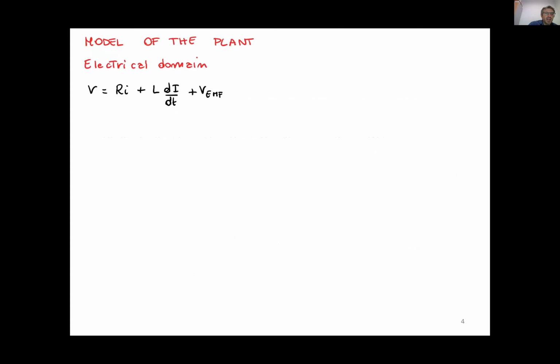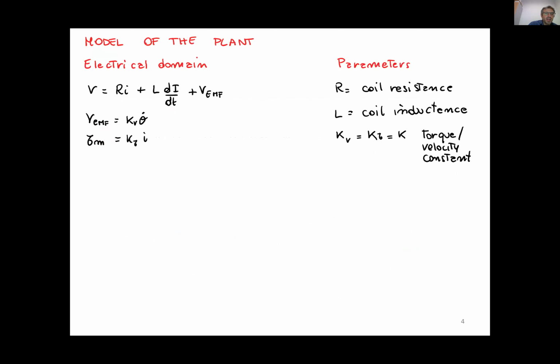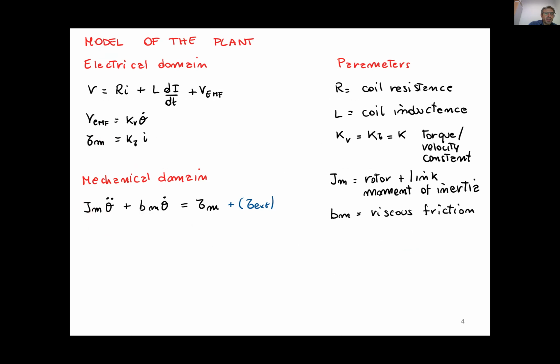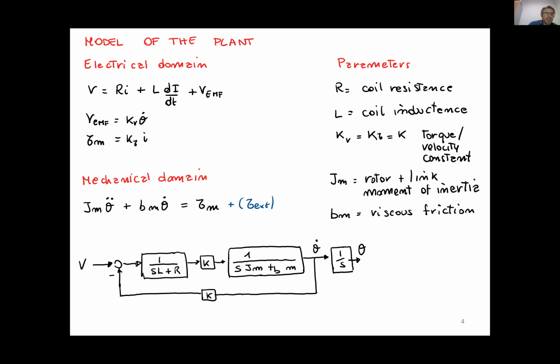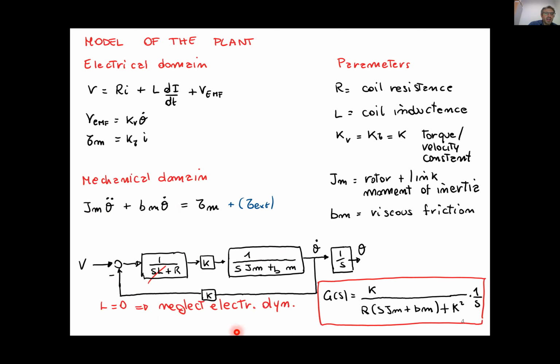We quickly recall the model of the plant: the Kirchhoff law on the electrical part, with the resistance of the coil, inductance of the coil, the torque and velocity constant, and the mechanical domain, the Newton equation on the shaft of the motor with the rotor inertia and the viscous friction at the shaft. We saw the block diagram of this system was this one, where we usually neglect the electrical dynamics by setting the inductance to 0.